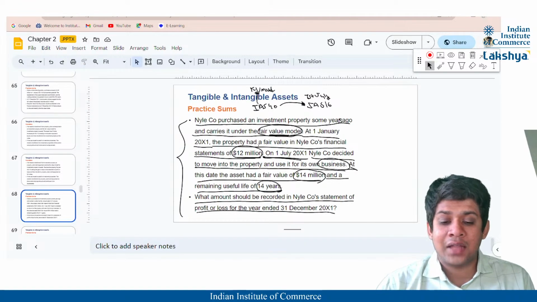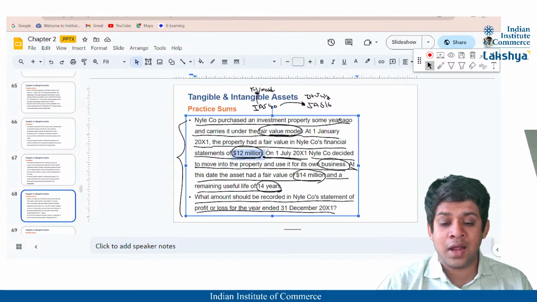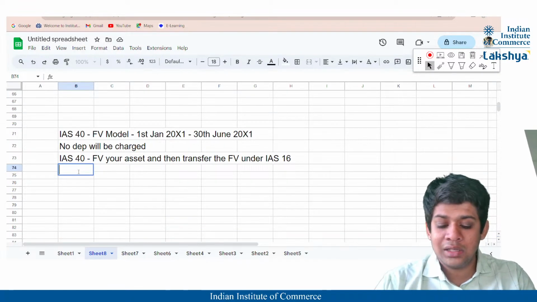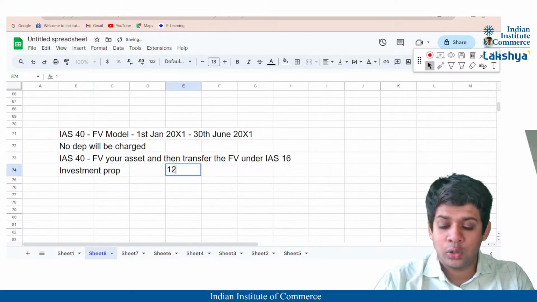You can see at the start of the year, the investment property had a value of 12 million.